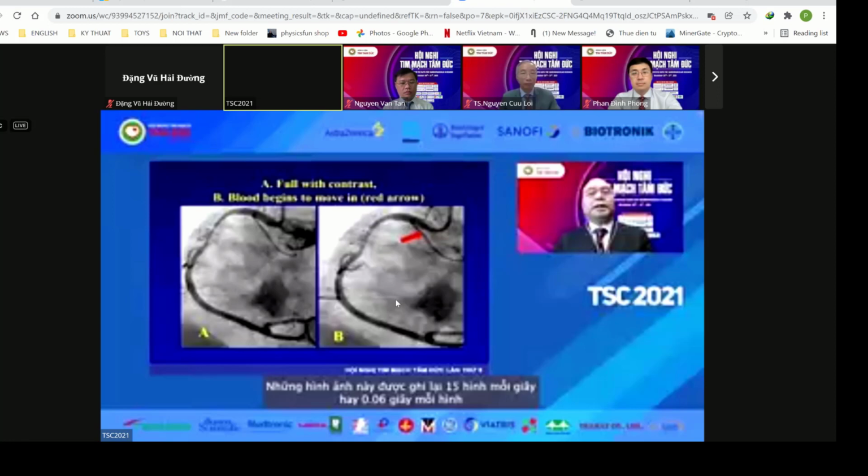This is the area where we have the injury. This is what happened to the lesion in the distal right coronary artery, proximal to the PDA and PLB.